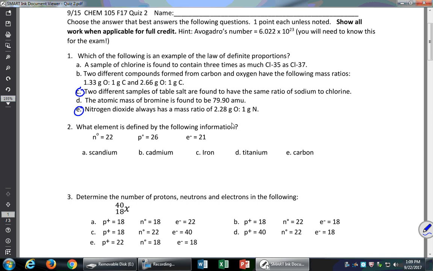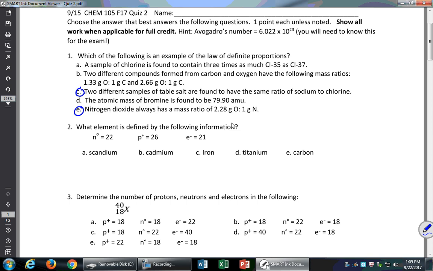And as far as a sample A containing chlorine is found to have 3 times as much Cl35 as Cl37, that has to do with our isotopic abundance. That's not really one of our laws. So C and E were both correct.